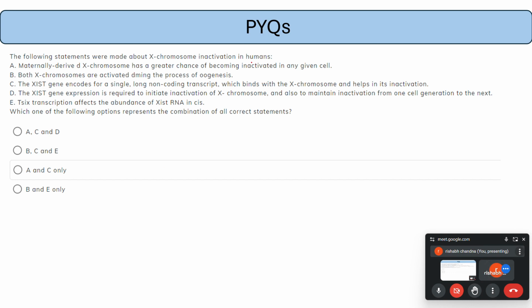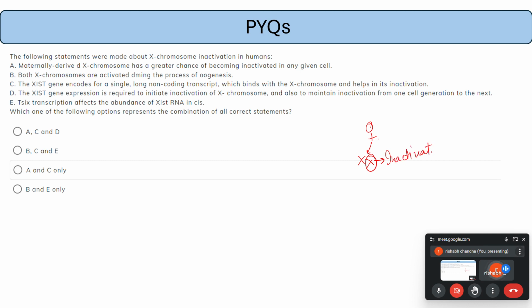As you know, X chromosome inactivation: all vertebrate females have two X chromosomes, and out of these one is inactivated.